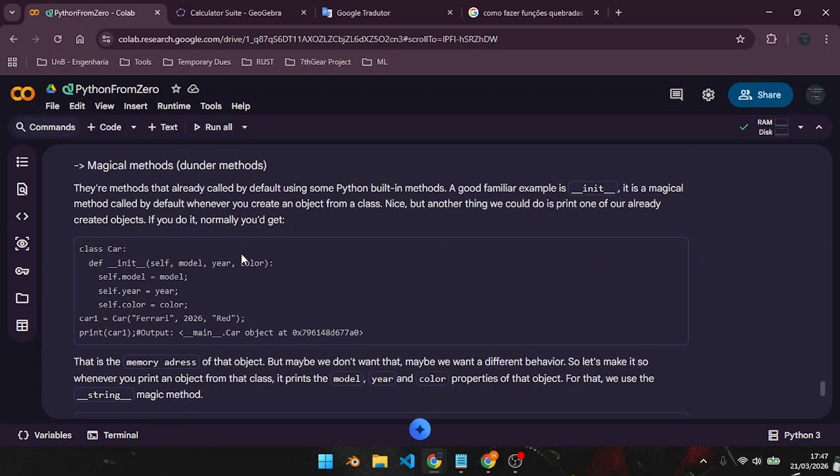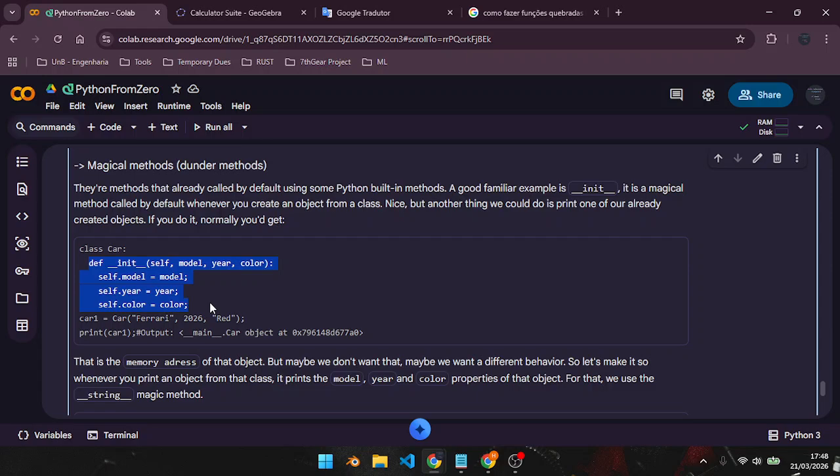Then magic methods. They're basically methods that are called by default by Python whenever you do something normal in Python. So for example, I created a class car, and whenever you create a car here, it's gonna run this dunder init function.